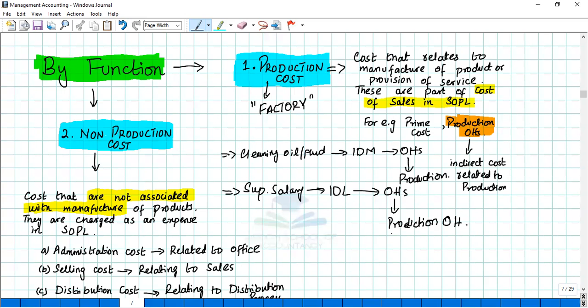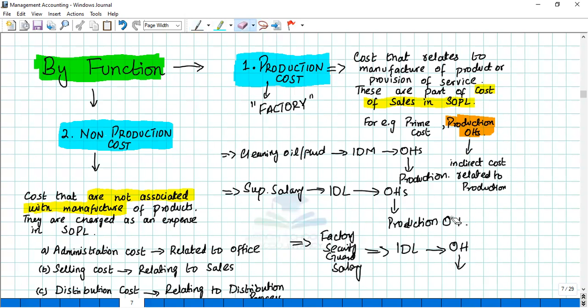Now there's another interesting example, that is the factory security guard salary. Now it's an indirect labor, right? The factory security guard is not involved in production, so he will be indirect labor. If anything is indirect labor, it means it is an overhead. And now we have to see whether it is production overhead or not.